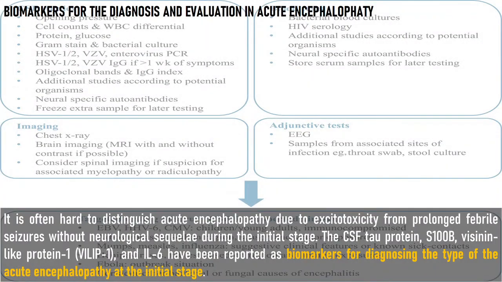It is often hard to distinguish acute encephalopathy due to excitotoxicity from prolonged febrile seizures without neurological sequelae during the initial stage. The CSF protein S100B, visinin-like protein 1 or VILIP-1, and IL-6 have been reported as biomarkers for diagnosing the type of the acute encephalopathy at the initial stage.